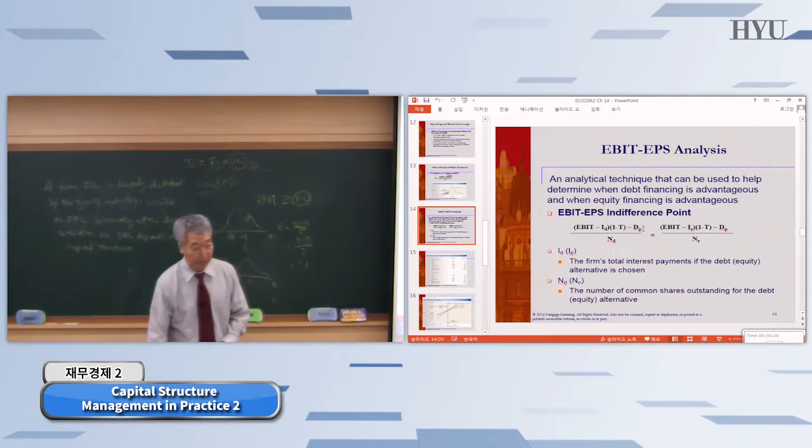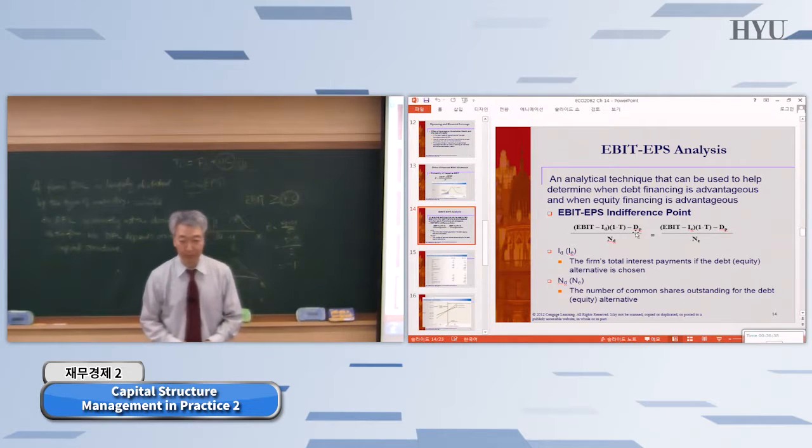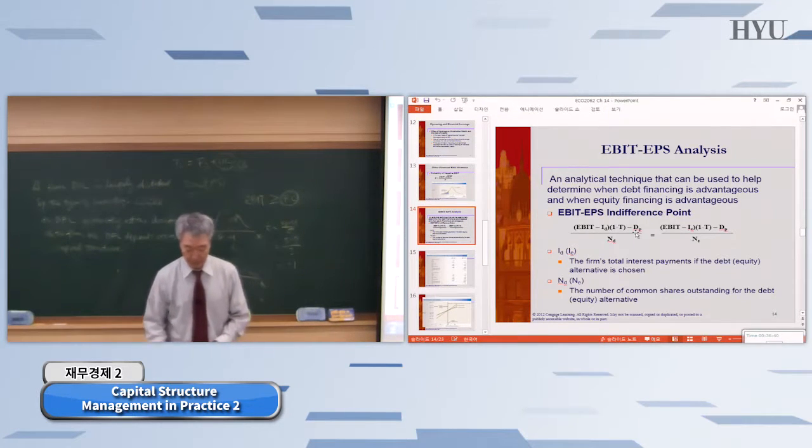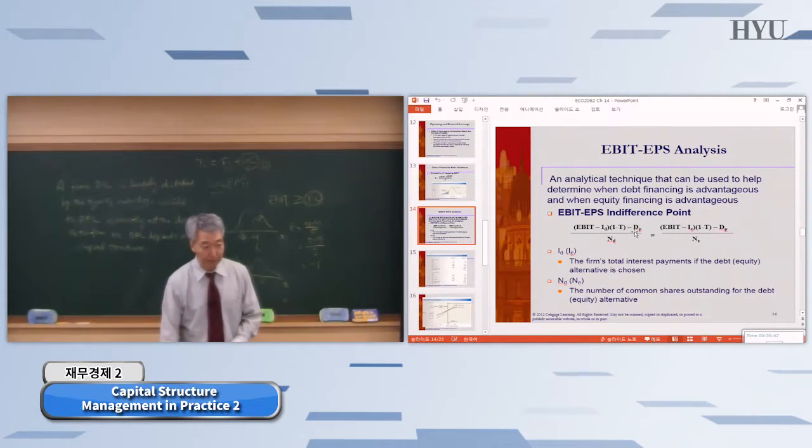What is DP? Well, D always means dividend. So what is DP? Preferred dividend, if you have any preferred stock issued. And then you divide it by ND.